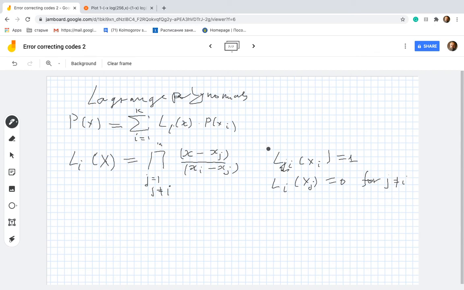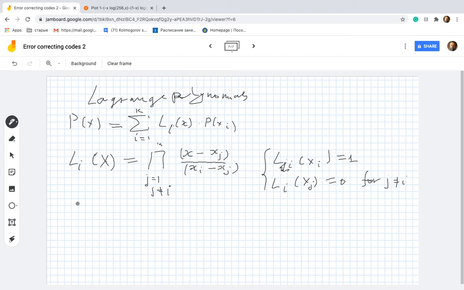So this implies that indeed our polynomial takes the value yi in the point xi, and it's not hard to see that there is a unique polynomial which takes certain values in k points. So this is one way to reconstruct the coefficients of the polynomial from its values.